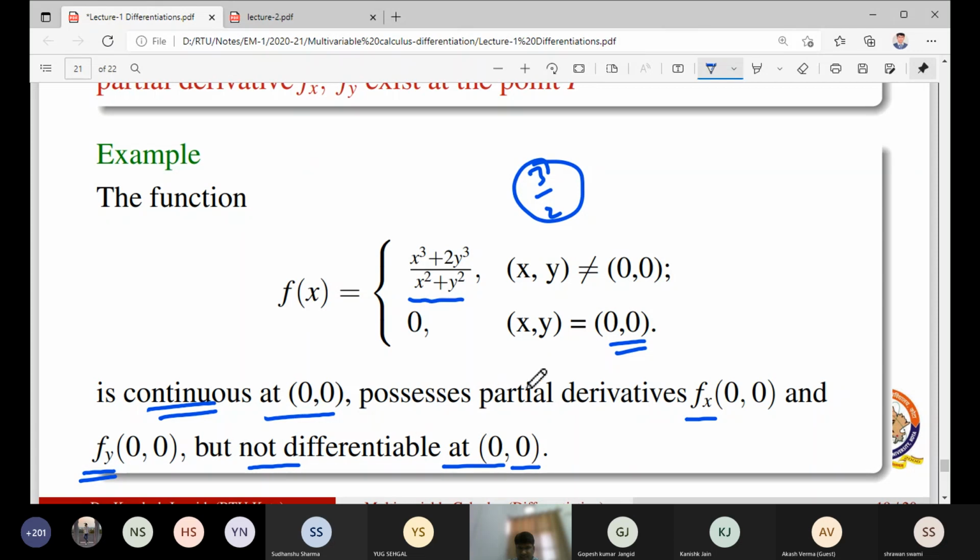Also you can find partial derivatives fx and fy at the point (0, 0). Easily find out कर सकते हैं. What is the definition of the partial derivative? So you can easily find the partial derivative at the point (0, 0).